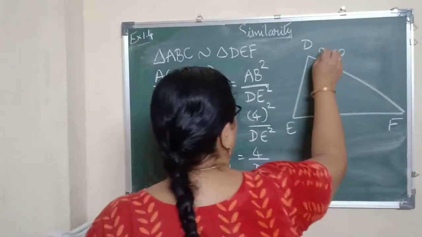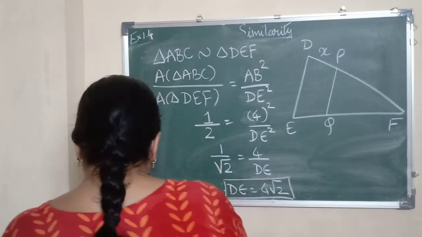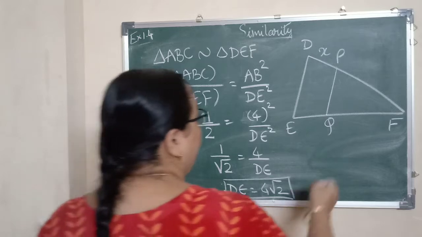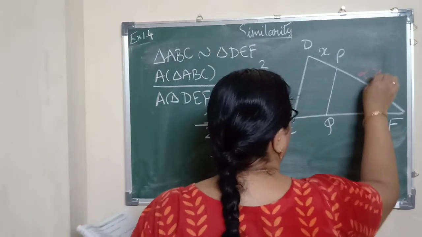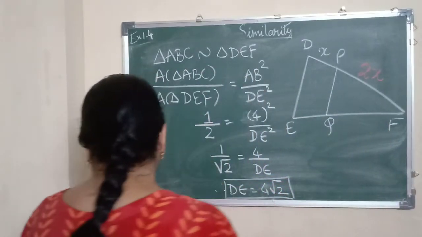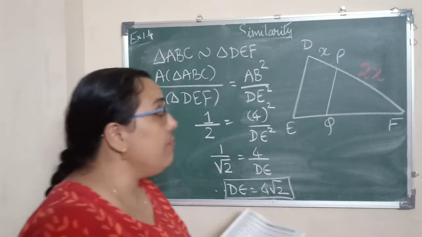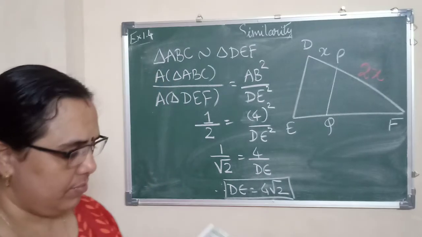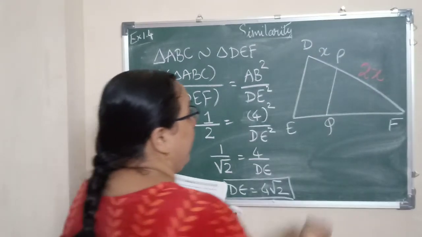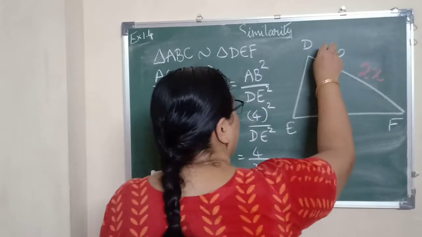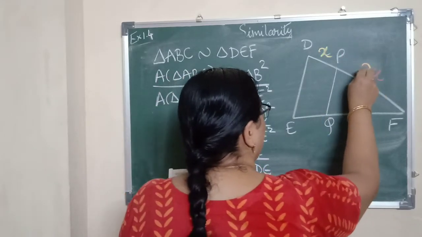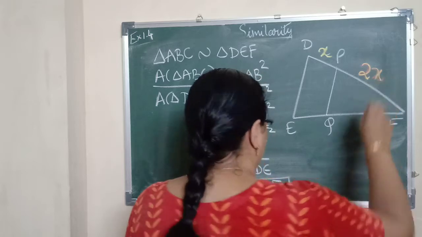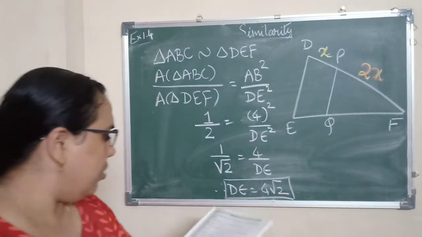DP as X. If DP is X, what is PF? 2X. Why? Because it is mentioned, no? PF is twice DP. So if DP is X, then this will be 2X.